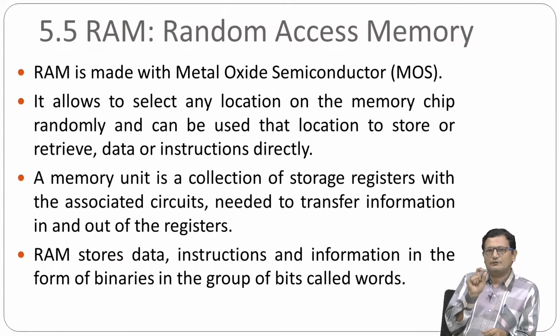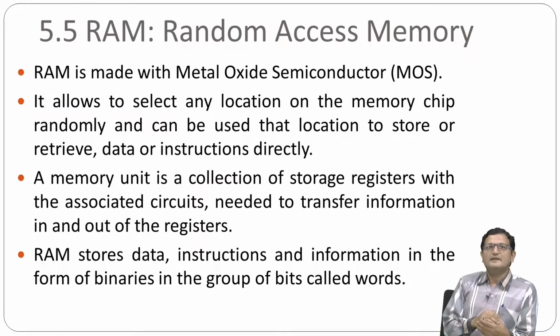The CPU can read the data from a particular location or write the data to a particular location of the random access memory. That is why it is named random access memory, because the CPU can access any random location.